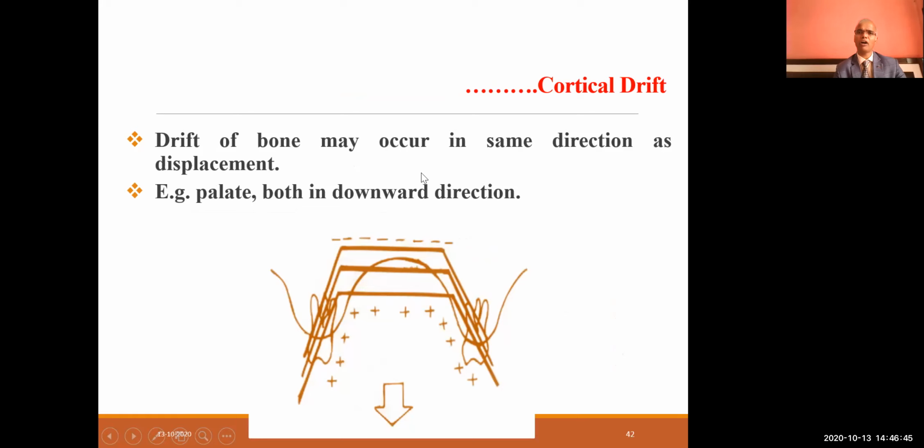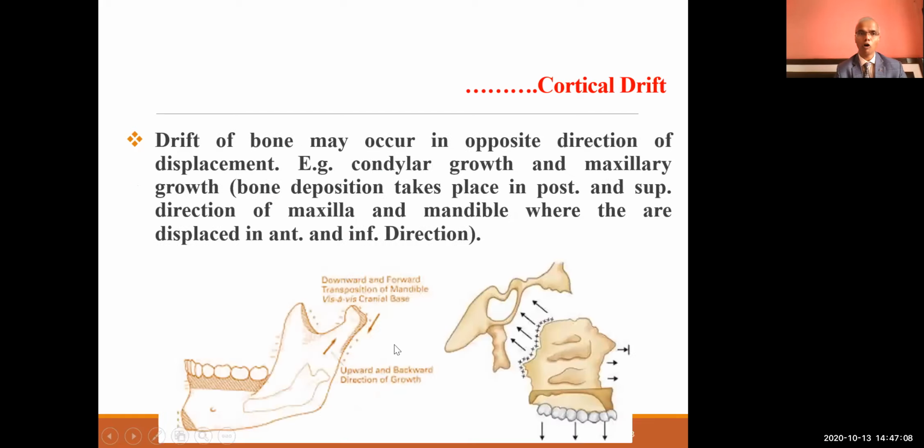A drift of bone may occur in the same direction as displacement. Like here, the palate moves in a downward direction, and deposition also takes place in this area in a downward direction. So drift of bone may occur in the same direction as displacement. Also, drift of bone may occur in the opposite direction of displacement, like condylar growth and maxillary growth.